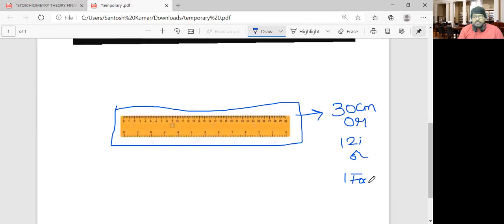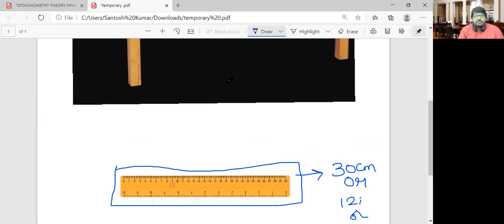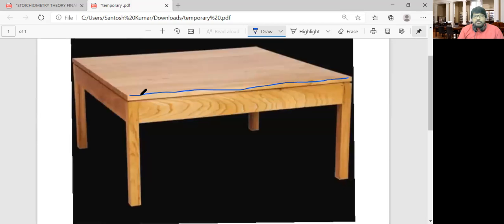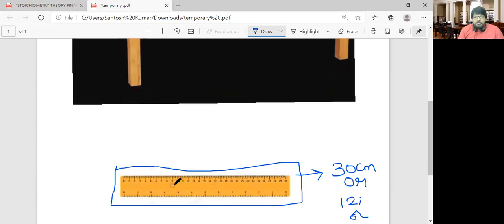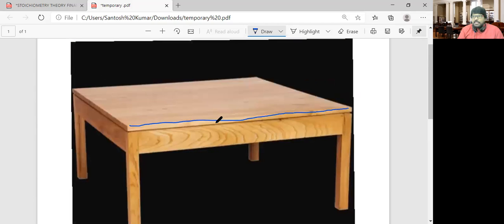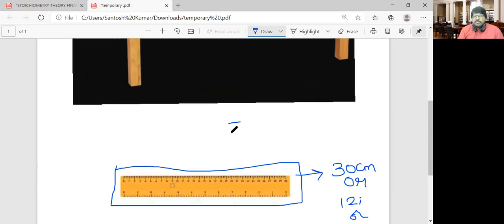So this is the standard scale we are using, and our target is very simple: measuring the length of this particular table. I will be using this scale to measure the length of this table, and after completion of the measurement, our result is like 5 scales.